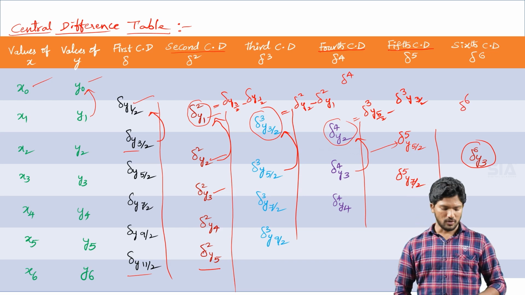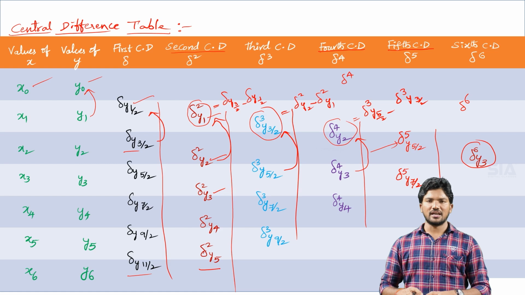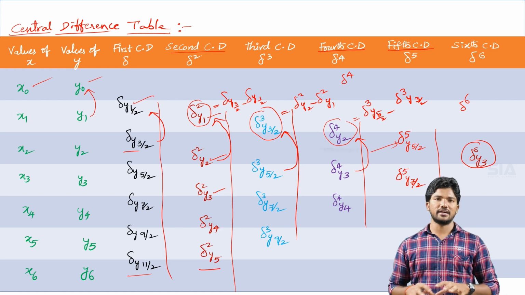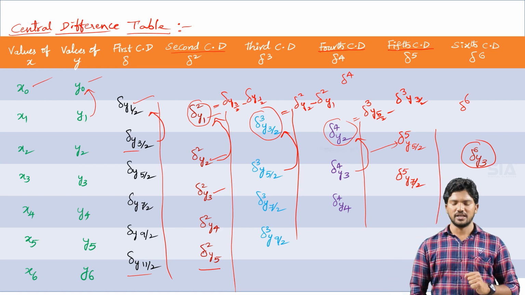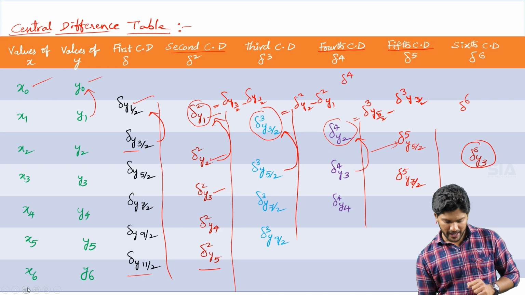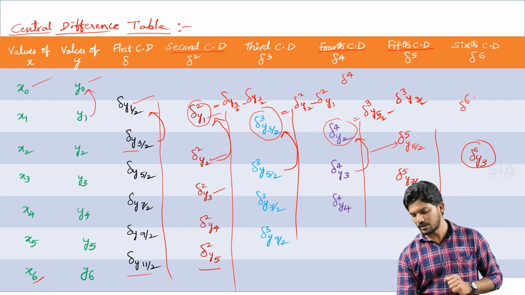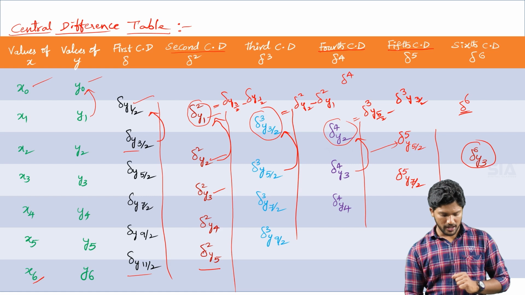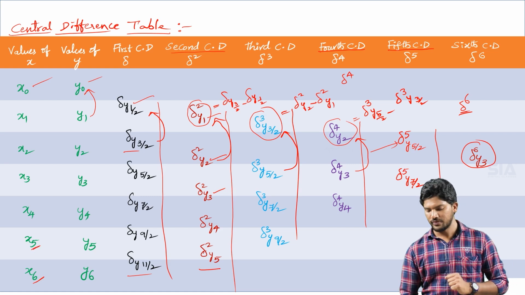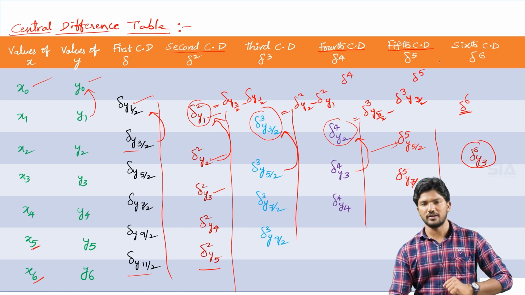The powers of the central difference operator depend upon the initial values. If you end the initial values with x suffix 6, you will get values up to delta power 6. If you end with x suffix 5, you will get up to delta power 5.